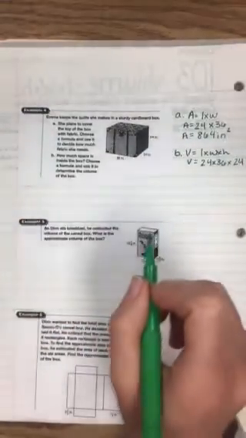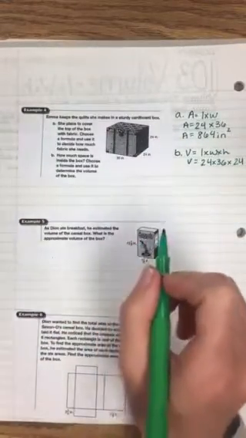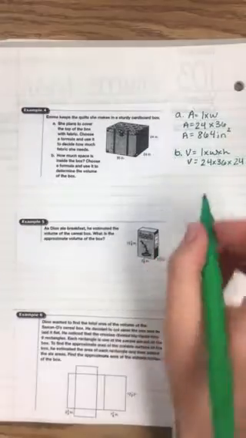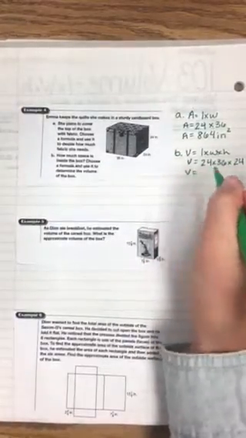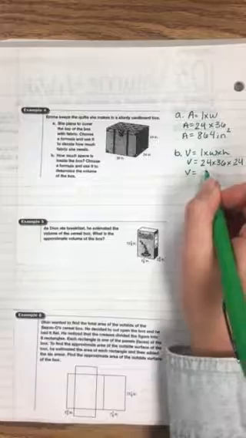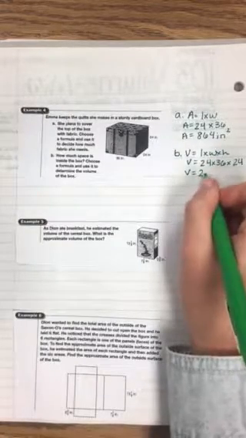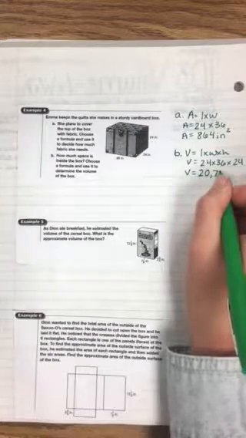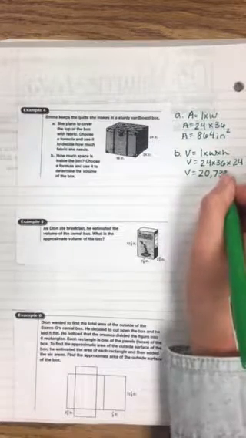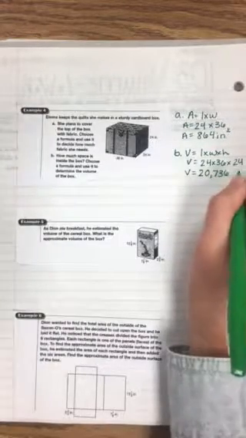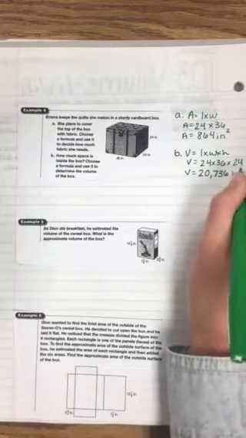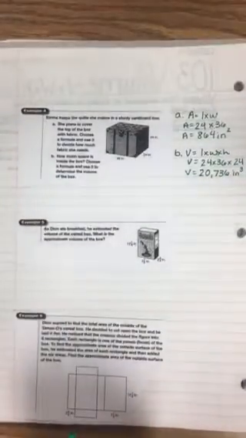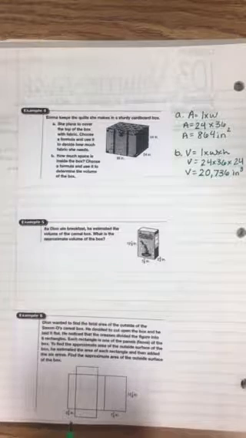Okay, so you're going to multiply that out and find the volume equals 20,736 inches cubed when you multiply that all out.